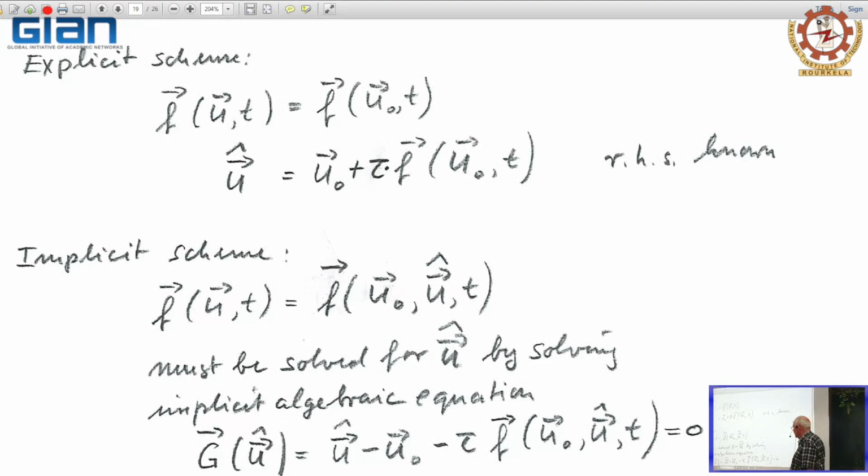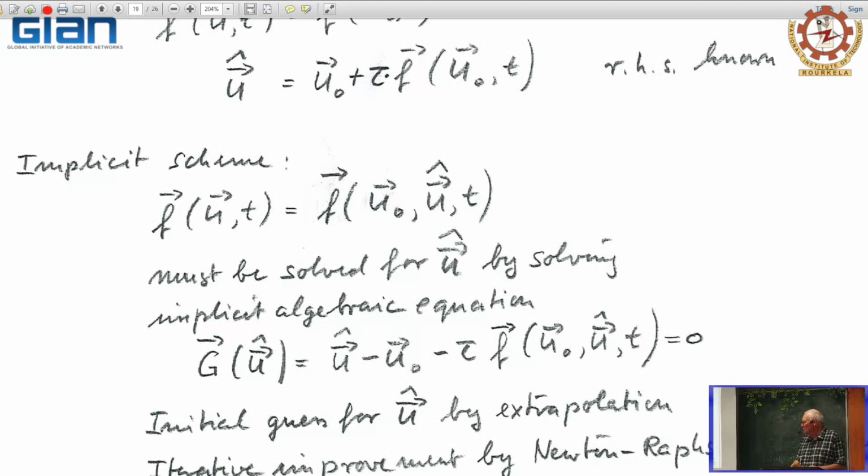So you write u hat is u0 plus tau times f, now also depending on the value at the new time, and you have to solve the equation for the vector u at the new time.